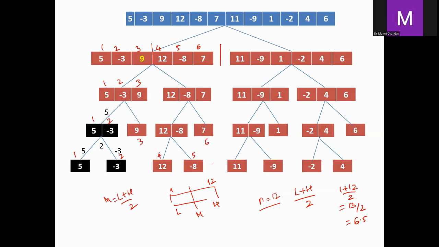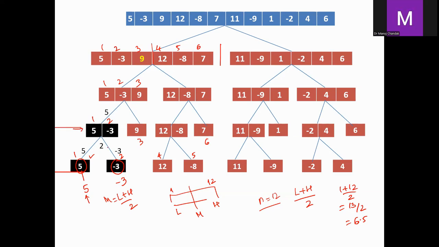If we want to find the maximum sum subarray in this array of size 1, then it is simply 5. This one is simply minus 3. So in this way, in one iteration, we will be able to solve the maximum sum subarray problem for an array of size 1. Now the problem gets slightly more complex when the size of the array increases.